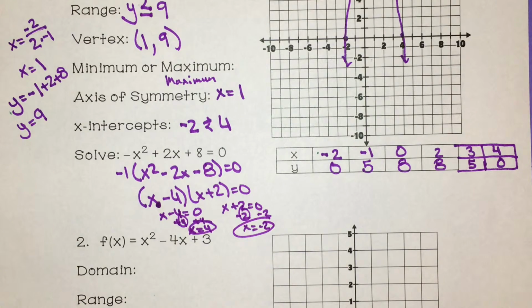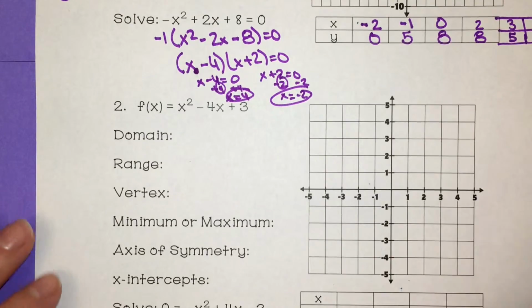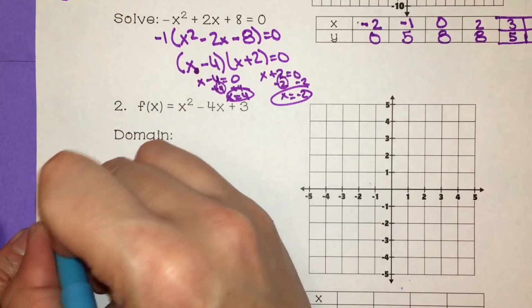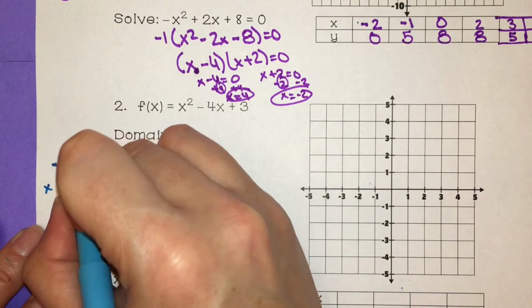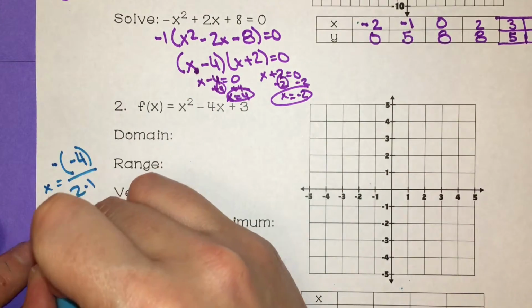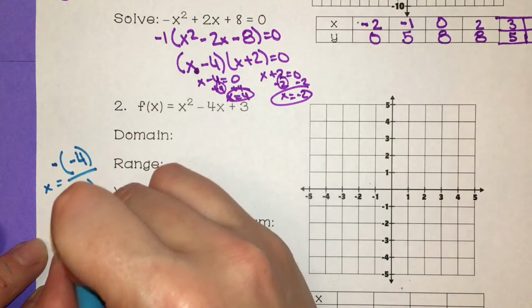All right, last one. Okay, vertex. We have negative, this is the x value, -b over 2a, where -b is 4 and a is 1. Negative times a negative is positive, so I have 4 over 2, which is 2.